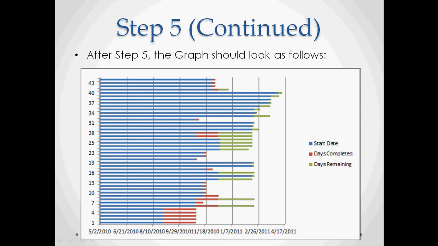In case of a Gantt chart, the start date is not as important as the days completed or the days remaining, because the start date just gives a position for the duration of the task that we are plotting into the Gantt chart. So we are going to eliminate this start date bars that are in red.